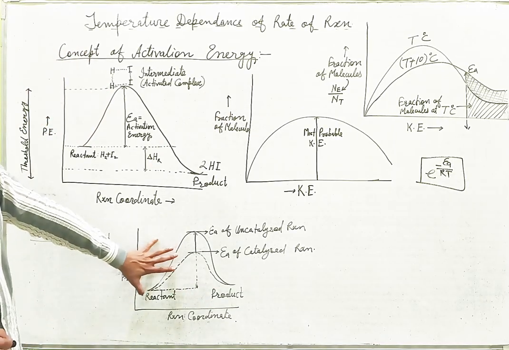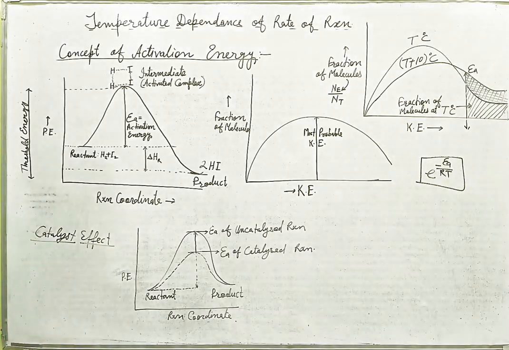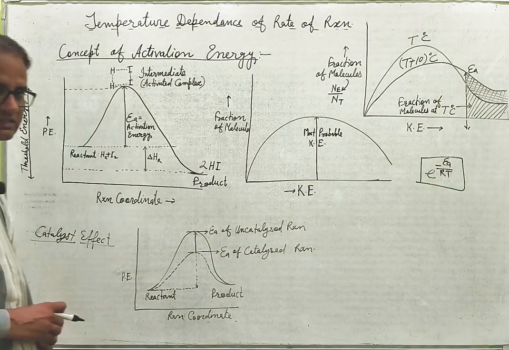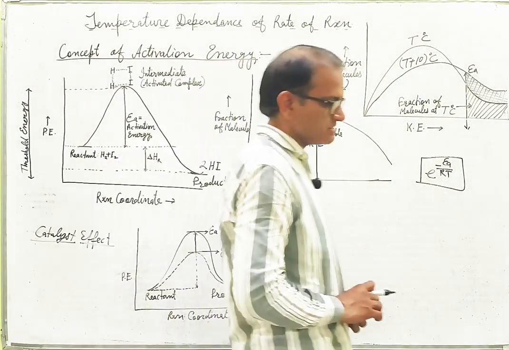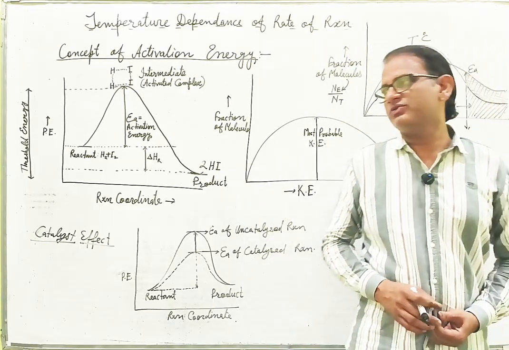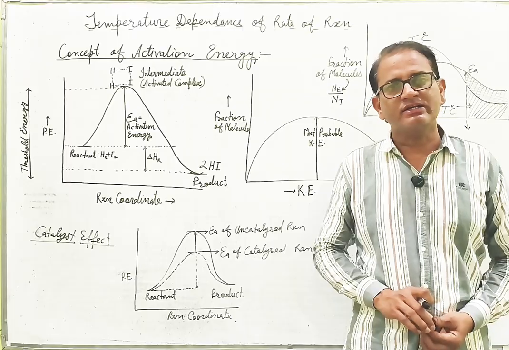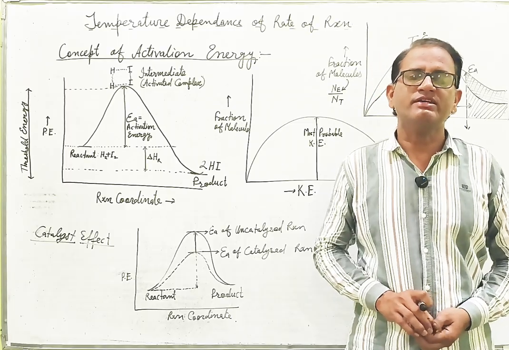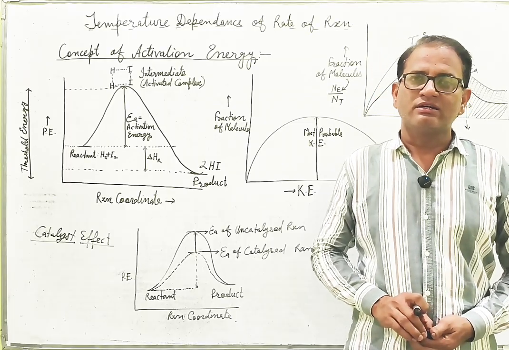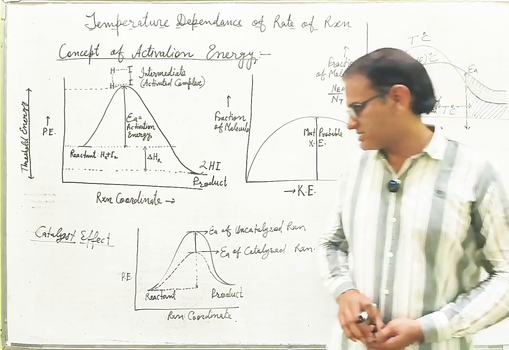This is how we can understand the effect of a catalyst on rate of reaction. A catalyst is a substance which increases the rate of reaction and regenerates itself at the end of that reaction.